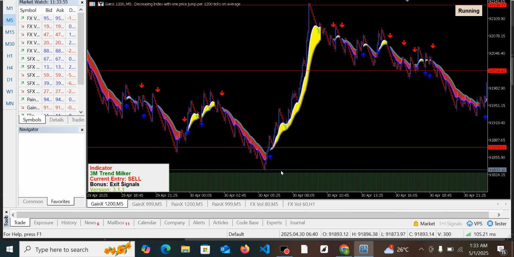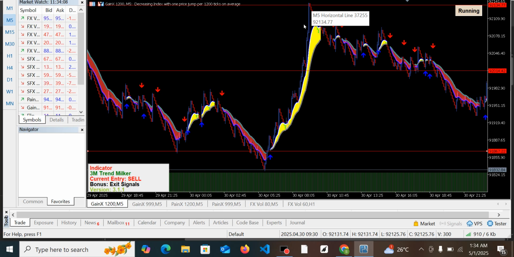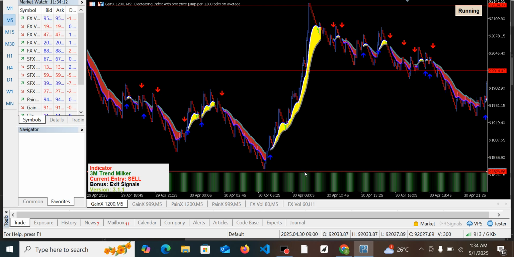Right here is a major support region, and you can see if you are taking a buy right from this particular point, it would have given you a lot of profit, because right here is a support region, most especially around here, and probably here too.